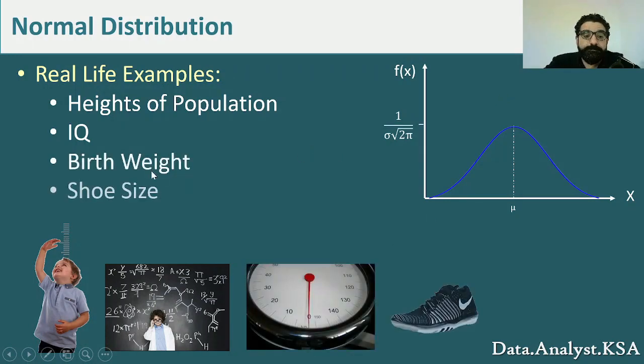Birth weight, shoe size, for example, we can say that most adult males have a mu, or a mean, of shoe size that is around 42 or 43, and some people go above and some people go below. And it's a continuous distribution, so we can expect to see values anywhere in the spectrum, but with lower probabilities.